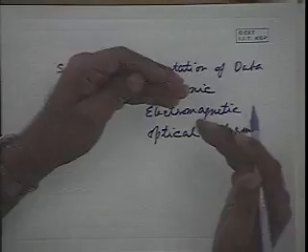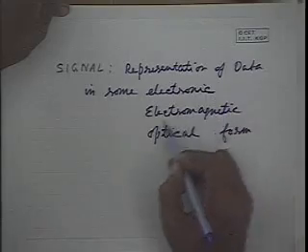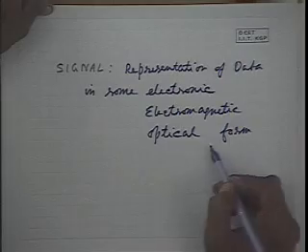That means whenever you will be sending data through a medium, you have to transform it into some electronic form or electromagnetic form or optical form. Depending on the medium that you will be using, you have to convert data into one of these forms. So that is your signal. Now another definition which is related to signal is signaling.